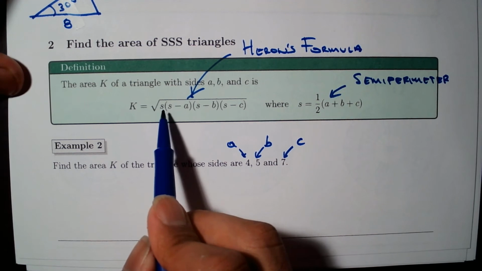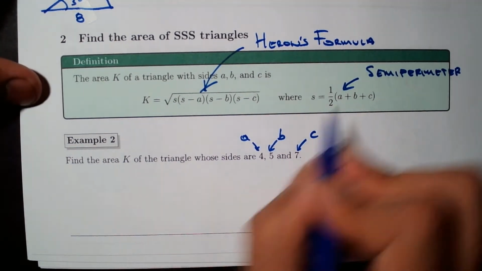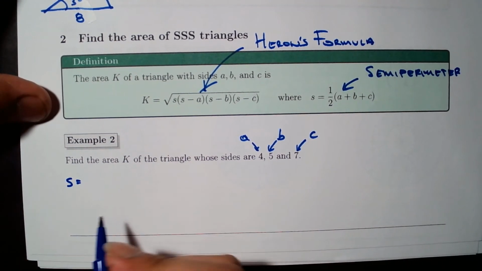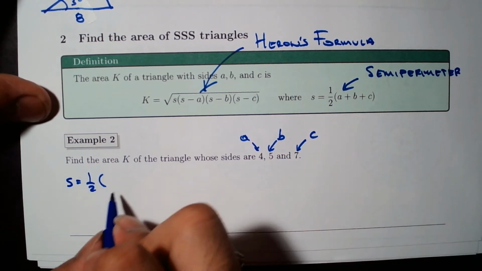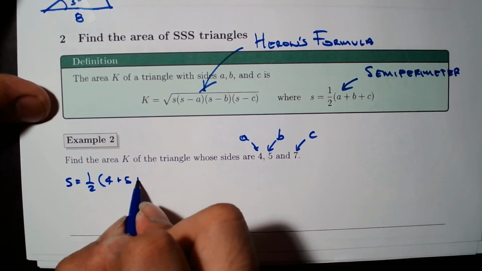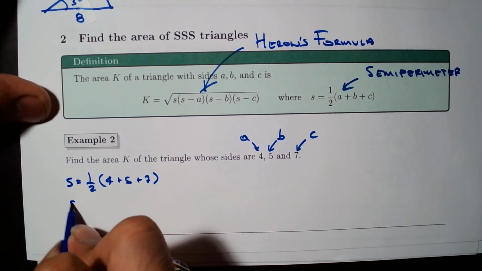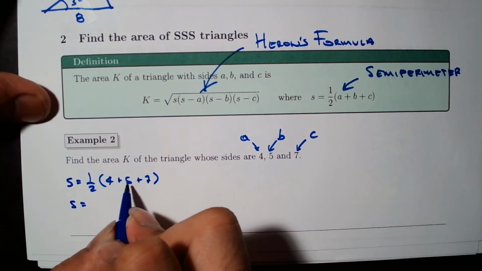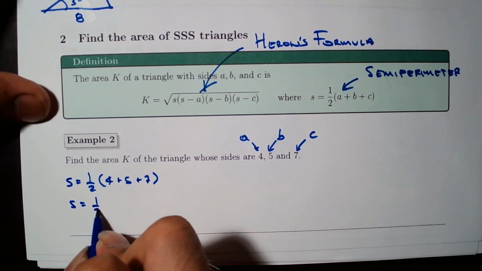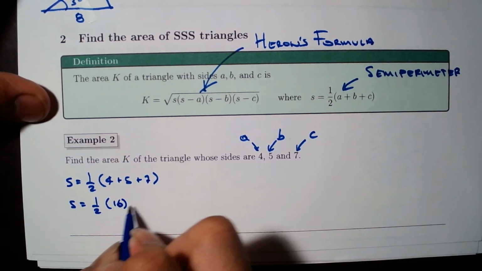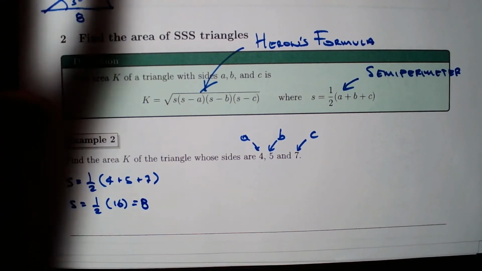Since the formula involves the semi-perimeter, we need to find that first. s equals 1/2 of a plus b plus c, 4 plus 5 plus 7. 4 plus 5 is 9, 9 plus 7 is 16. So 1/2 times 16 is 8.